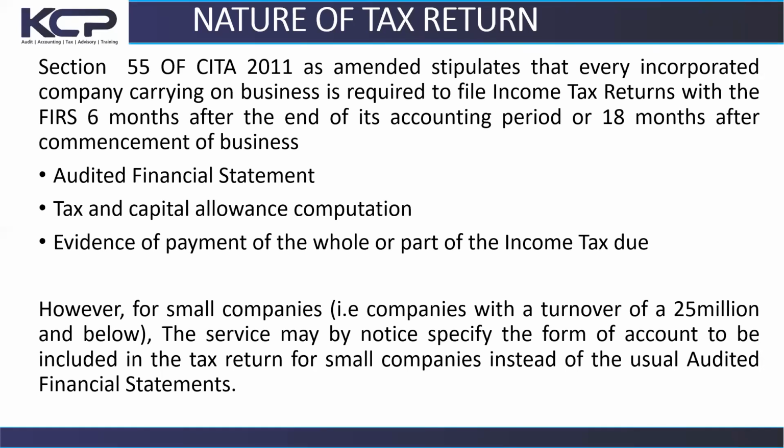It is expected within six months after the year end. When you say six months after the year end, what that means is that for a company that has been in operation for more than 12 months, you are expected to file your tax returns six months after the year end of the business, right?